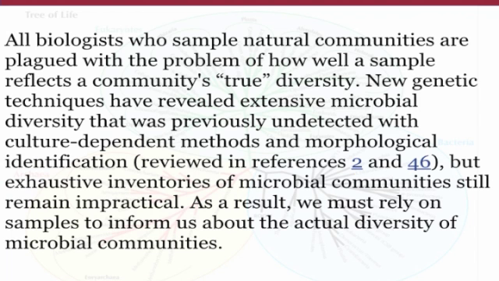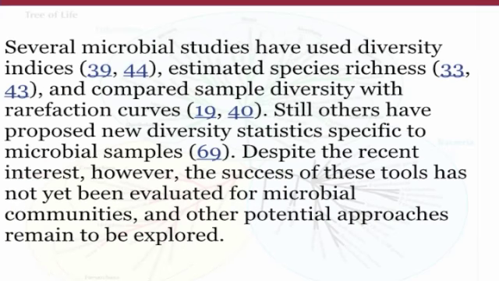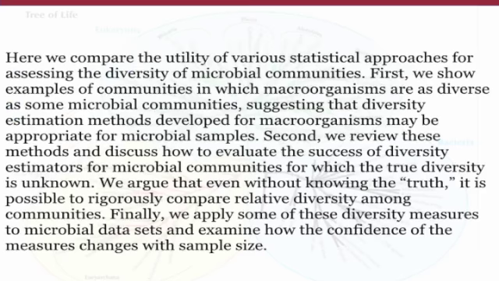The introduction is basically saying nobody's working on microbes at the time when they were doing this. Nobody's doing the ecological metrics for microbes. They point out there are only like 2 papers where people have done this using this type of sequence data.